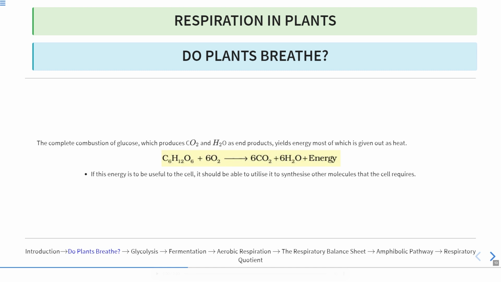But this respiration process you have just seen is not a single step. It is a series of chemical reactions. So we will see how these chemical reactions take place inside the cells, right? So let us see that.